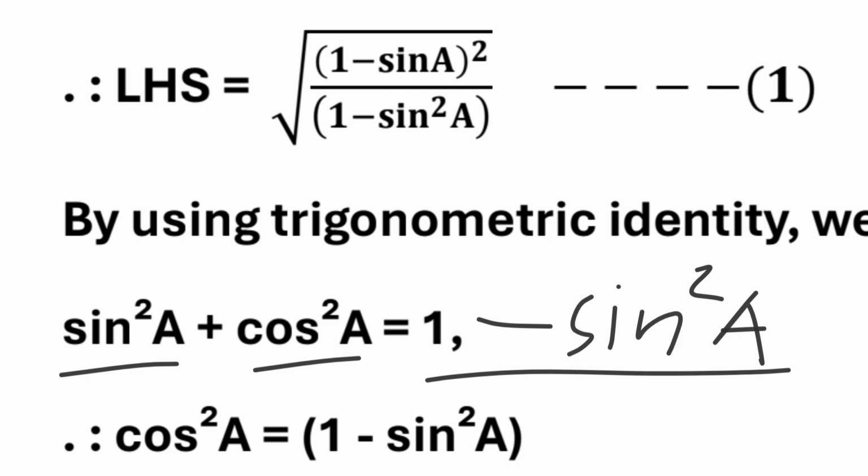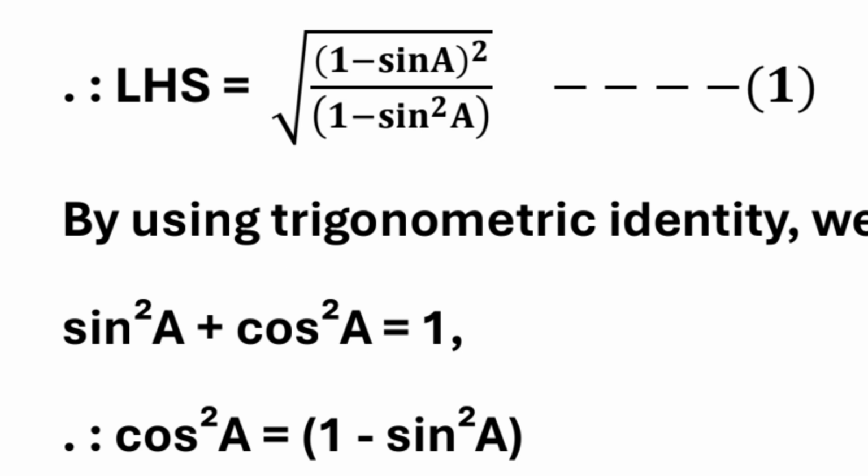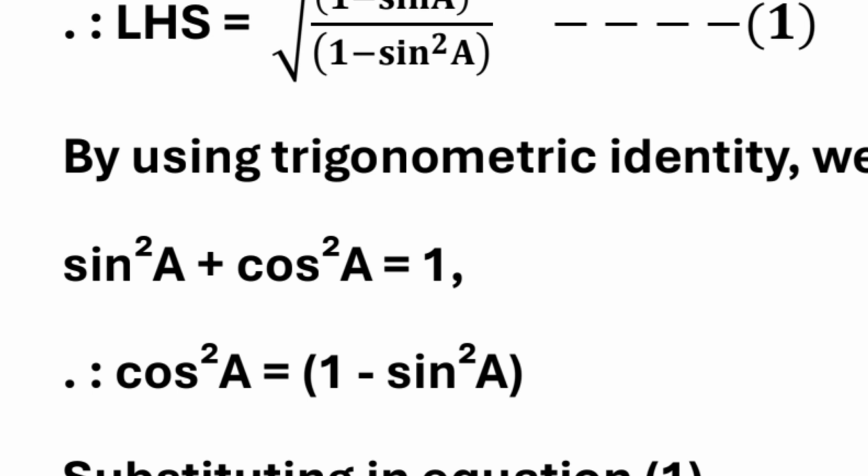Now we put the value of this 1 minus sin square A. Instead of this 1 minus sin square A, we put cos square A there.